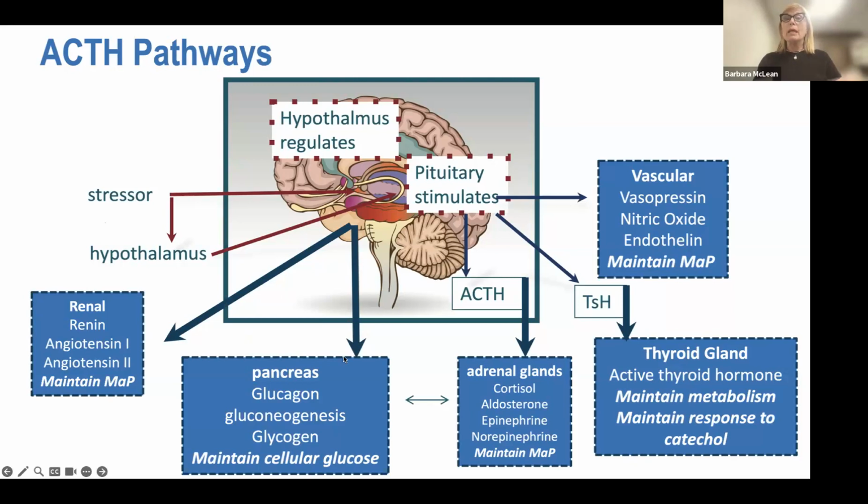Hypothalamus actually controls the pituitary. And the pituitary either stimulates or inhibits a number of other hormonal organs. We know that it contributes to the kidney, the pancreas, the adrenal glands, the thyroid gland, and also the vascular reserve pathway, the hypothalamic originated vasopressin.